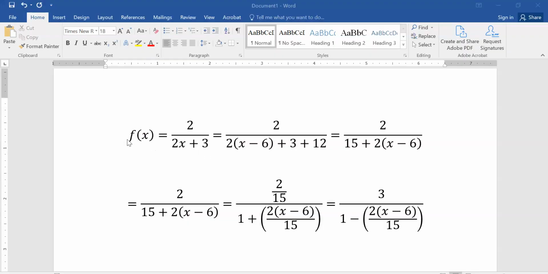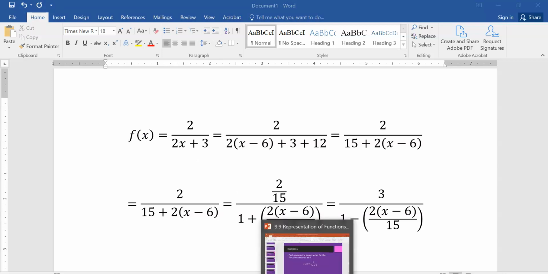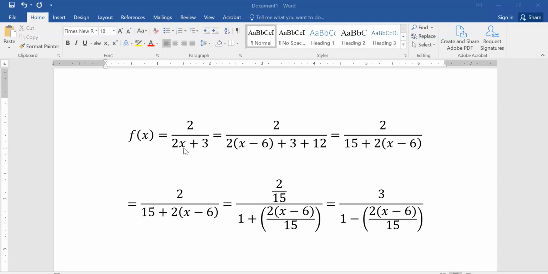Okay, so I take my function here, which is 2 over 2x plus 3, all right? And I want to center this at 6, so I'm going to replace the x with an x minus 6. Now notice that when I do that, I have to put in parentheses the x minus 6, and outside of that parentheses, I still have this number 2. So how much did I add or subtract to the denominator by doing that?